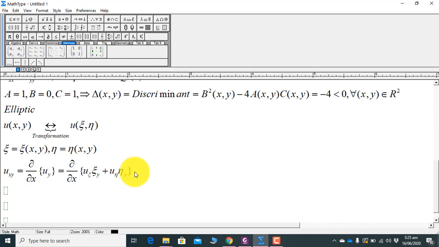But look, this partial derivative will now be distributed with respect to the chain rule using the transformation xi and eta. You are trying to calculate the partial derivative with respect to x, but x is a new variable.